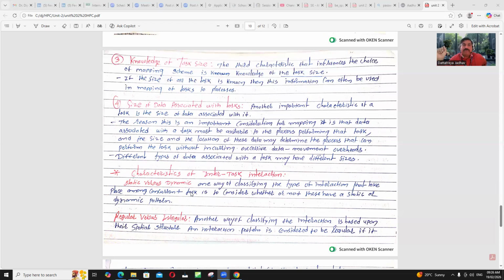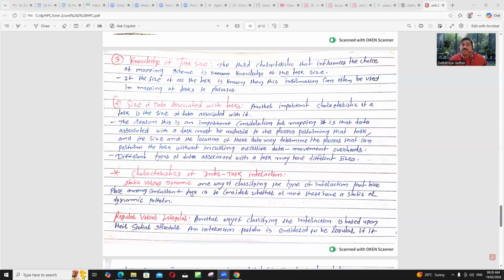This is an important consideration for mapping because data associated with a task must be available to the process performing that task, and the size and location of this data may determine the process that can perform the task without incurring excessive data movement overheads.